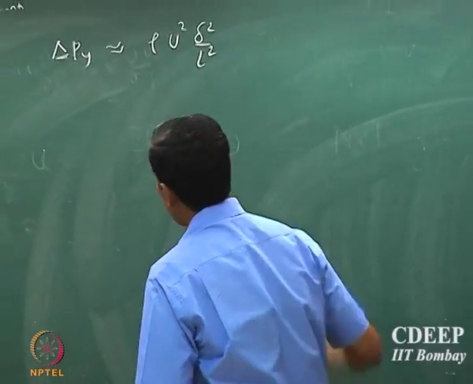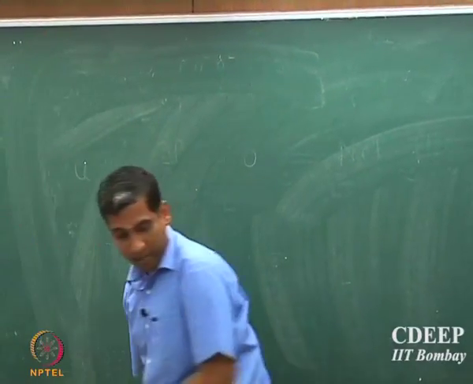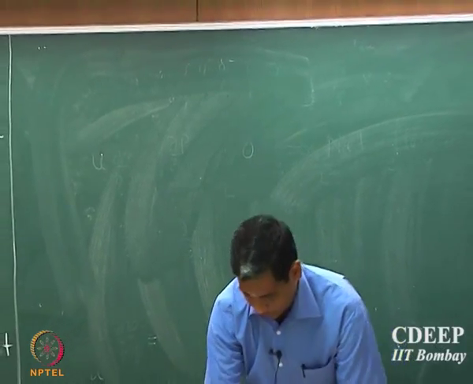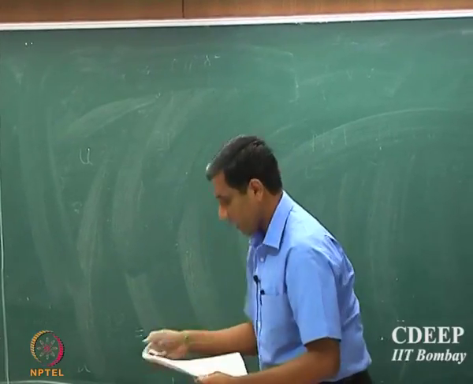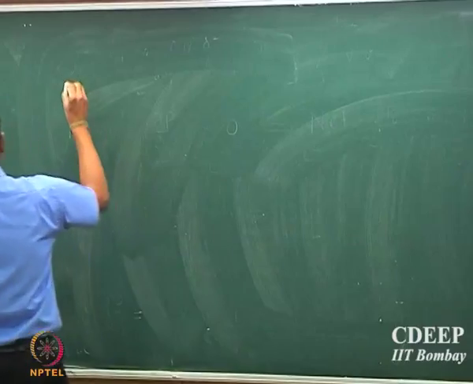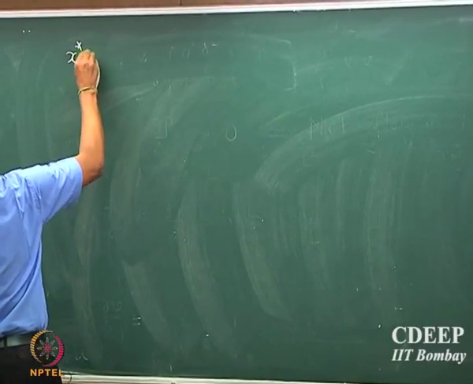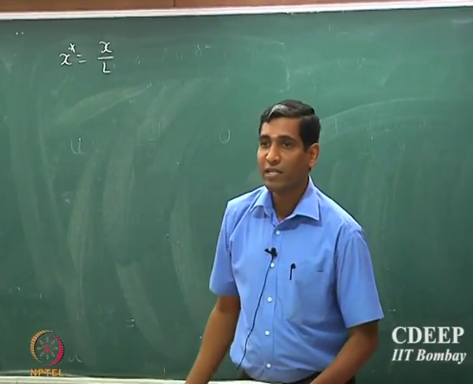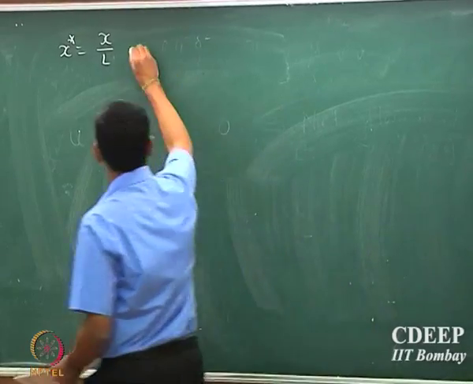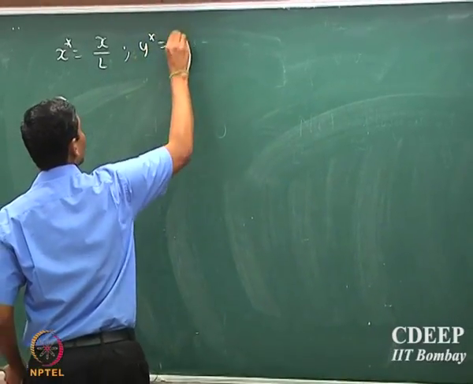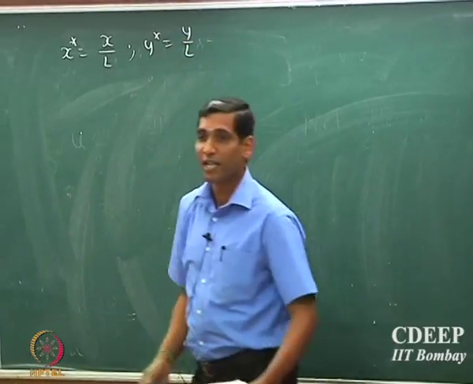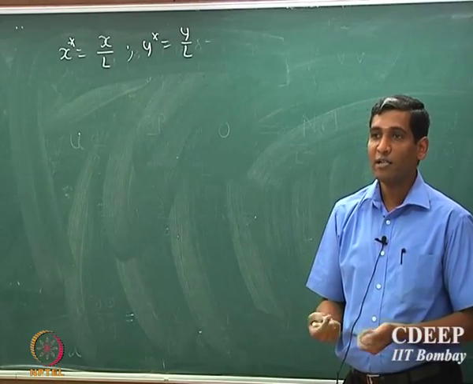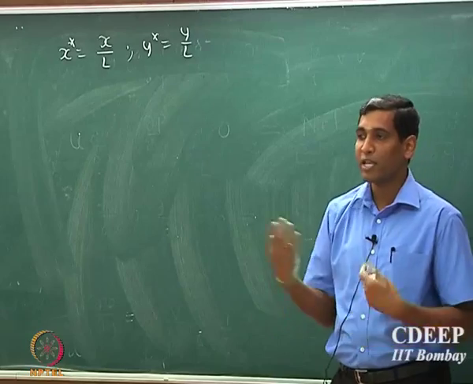Alright, so now I am going to introduce some scaling. Okay. So, suppose I say that x star is my new variable, and I scale it with the length of the plate, and y star also I scale it with the length of the plate because that is the measurable property. The boundary layer thickness is not a measurable property, it is not something that you can measure.